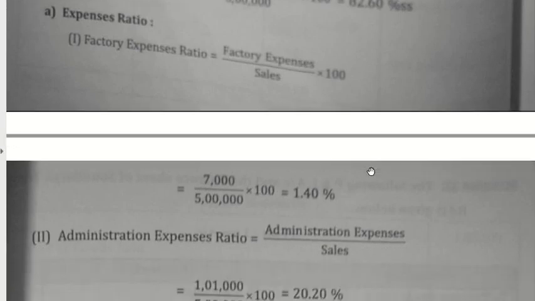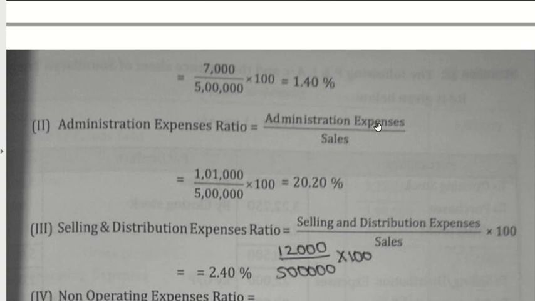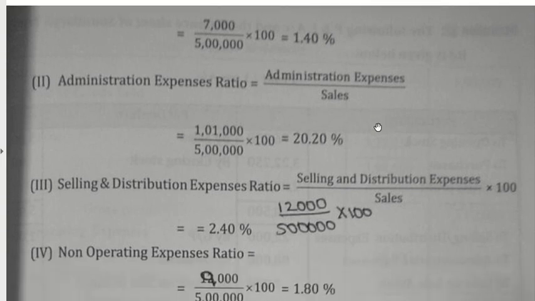Whatever expenses we have in the question, the operating, direct expenses, everything we will calculate separately. So in the question we have the factory expenses ratio. The formula for expenses ratio is expenses divided by sales into 100. So 7,000 divided by 5 lakh into 100, 1.40.